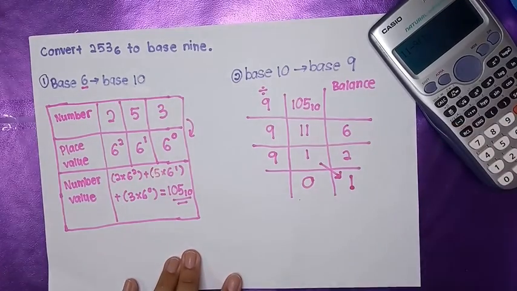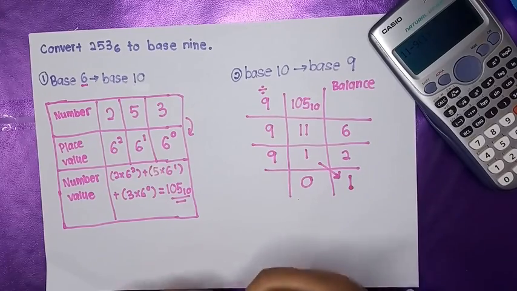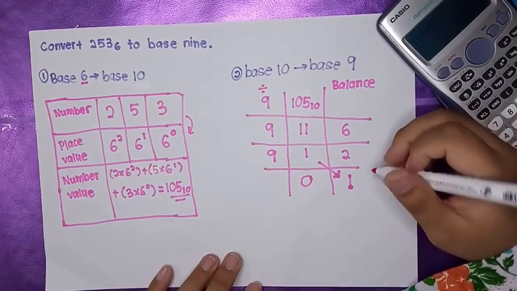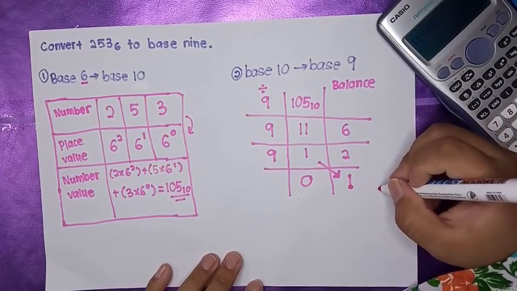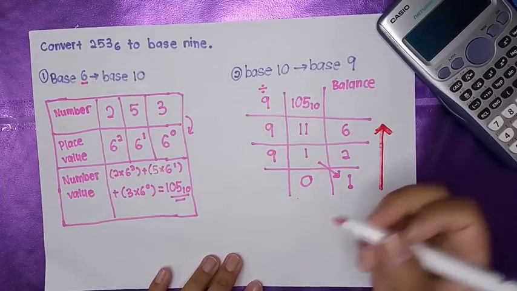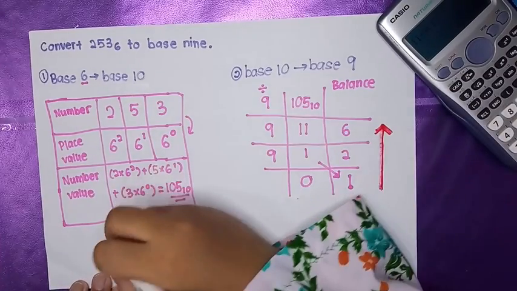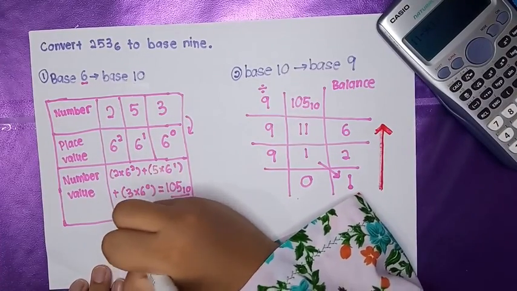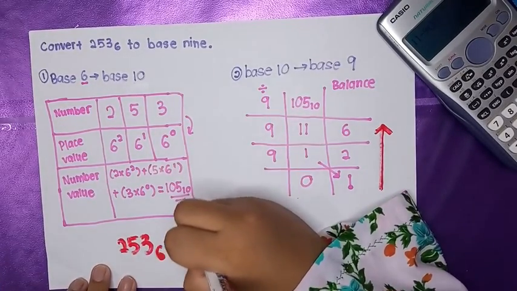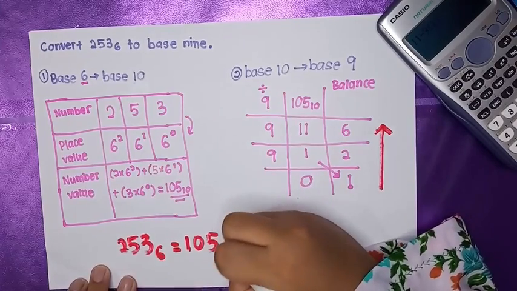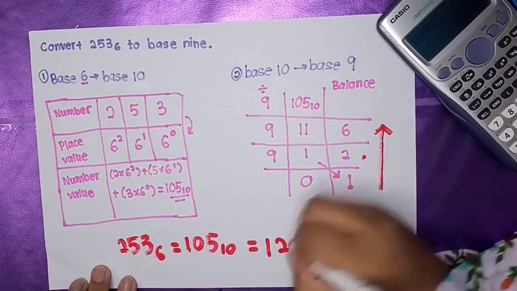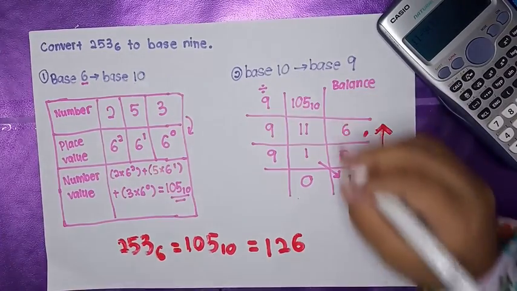And then we already see the final answer. How to write this final answer is from down to up, from below to above. So the final answer is 253 base 6 equal to 105 base 10 equal to 126 base 9.